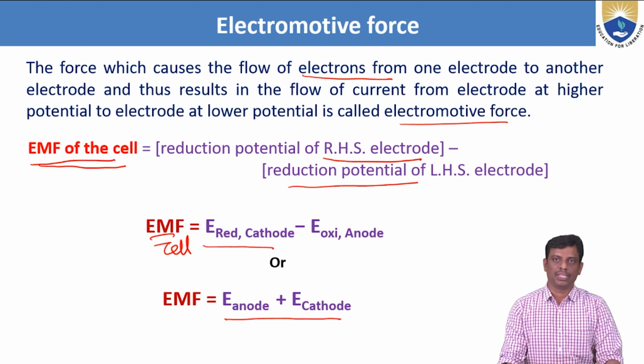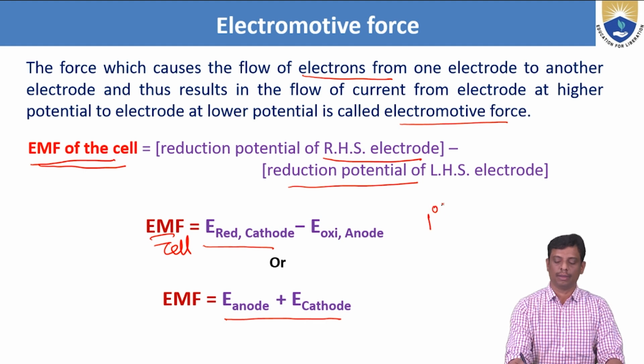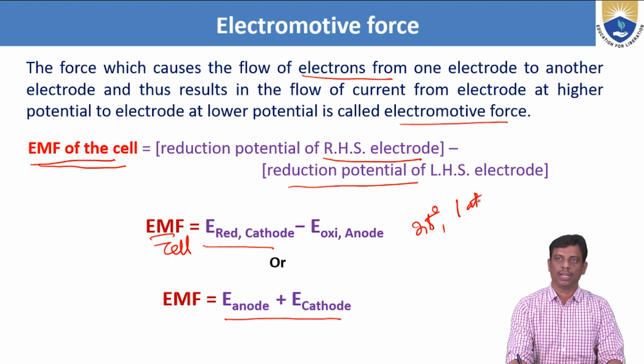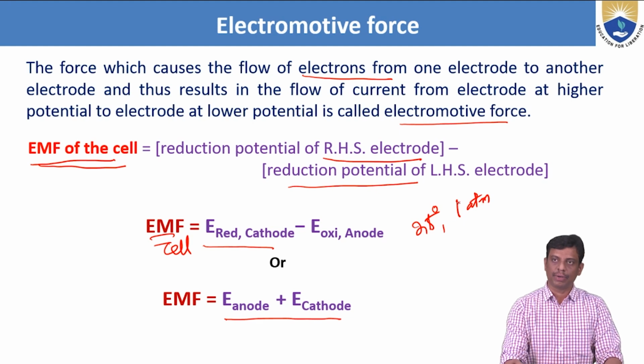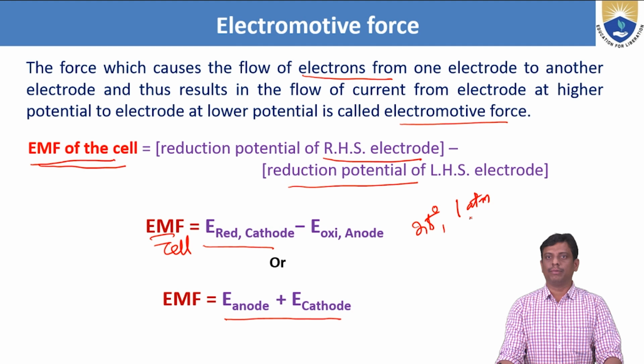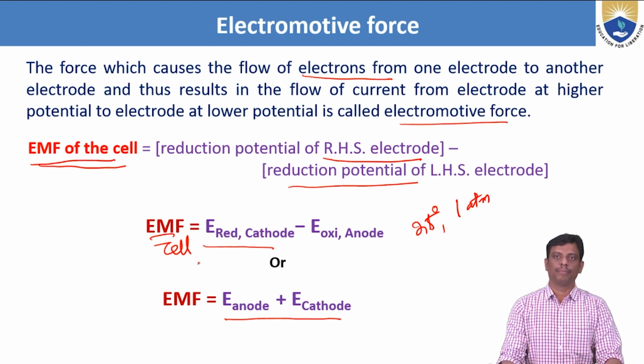If you measure that EMF at standard condition, meaning 25 degrees centigrade and 1 atmosphere pressure, that potential is called the standard EMF of the cell.